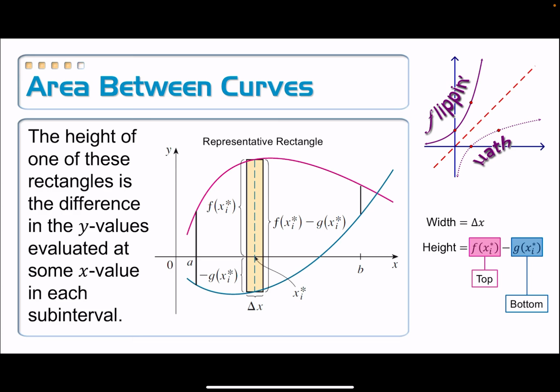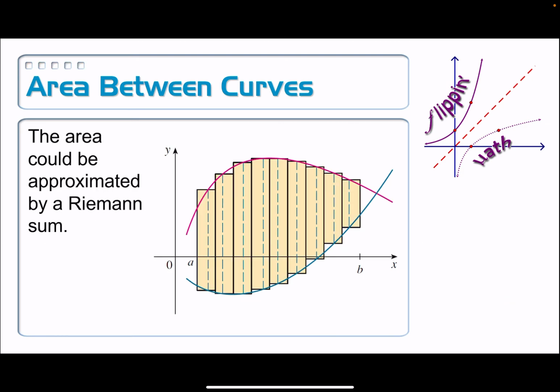So we need to add up n of these rectangles, and that's going to look like this. So let's pretend like we have n of these rectangles right here, and so the area should be approximately equal to, because we're just summing up n of them instead of infinitely many of them. And here are our heights once again. The heights are the difference between the top function and the bottom function, multiplied times our width.